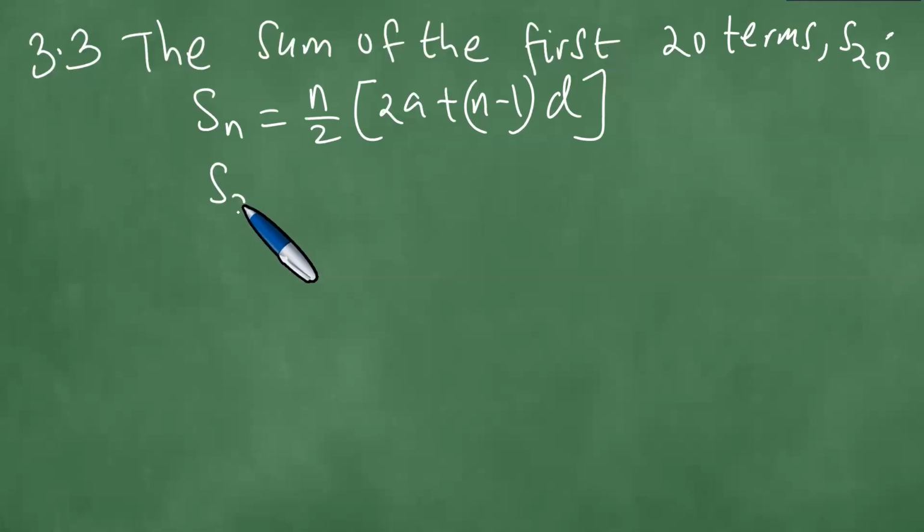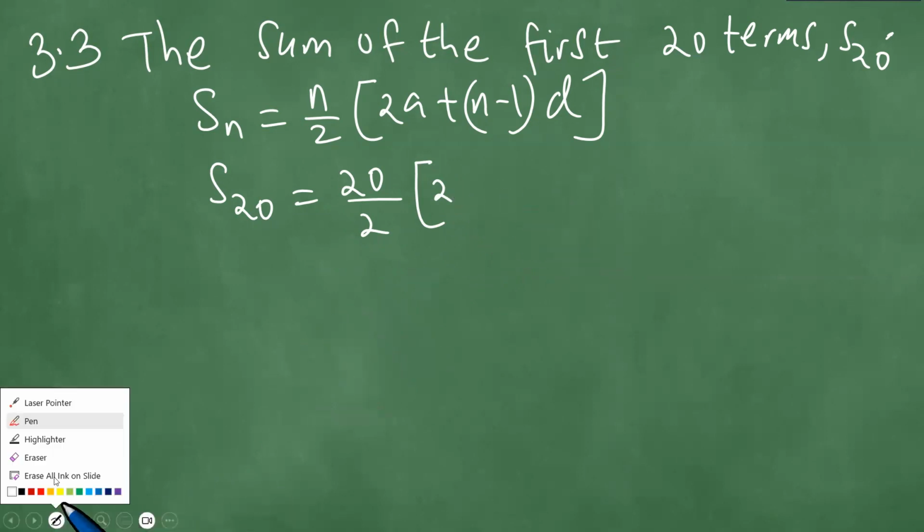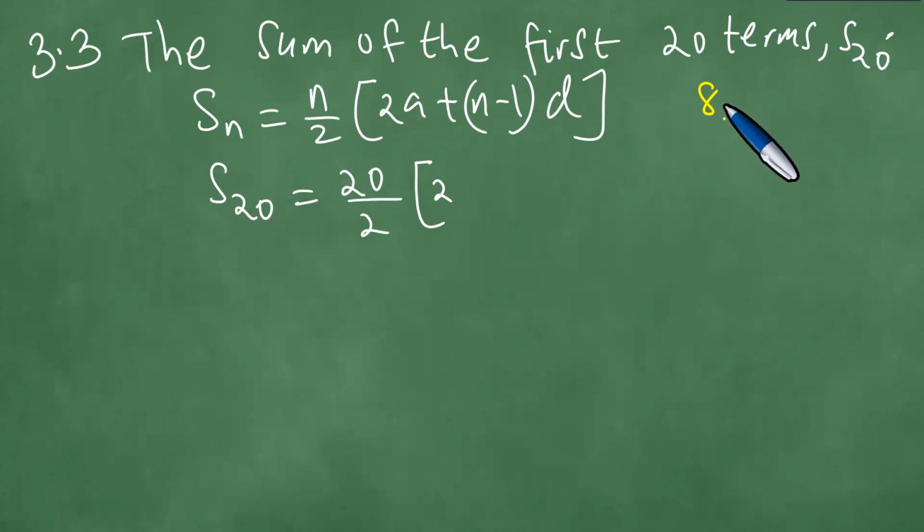Right, so for the sum of the first 20 terms, what is the first term? At this point we need to remember a couple of things. The sequence is 8, 3, minus 2.